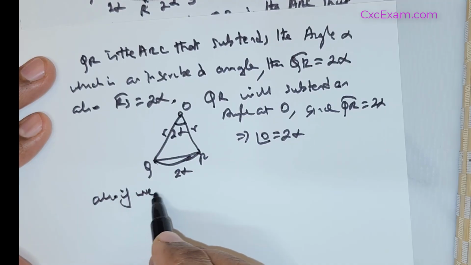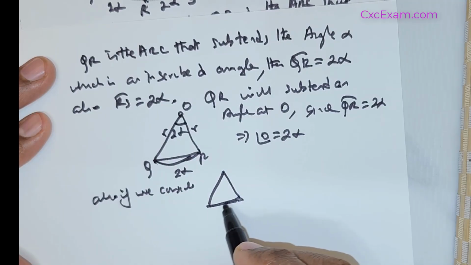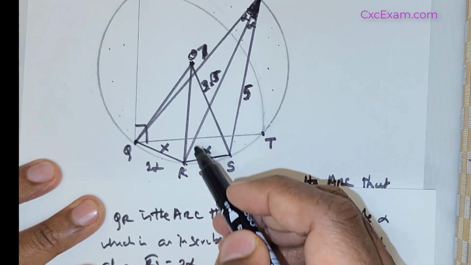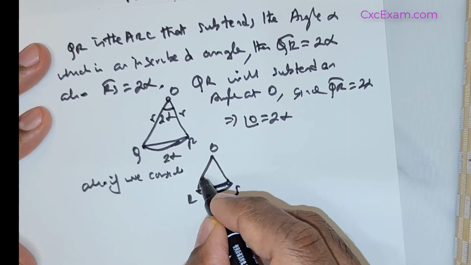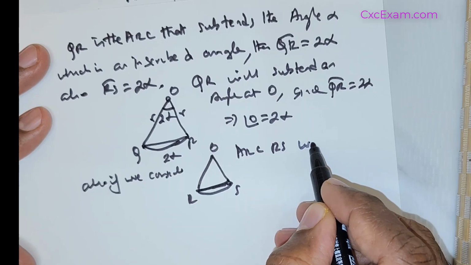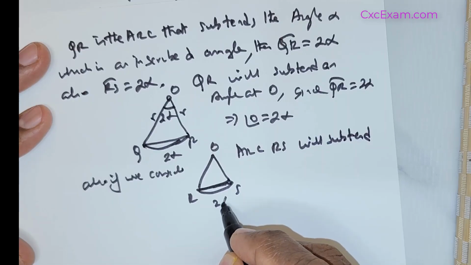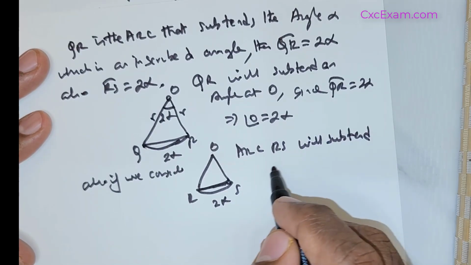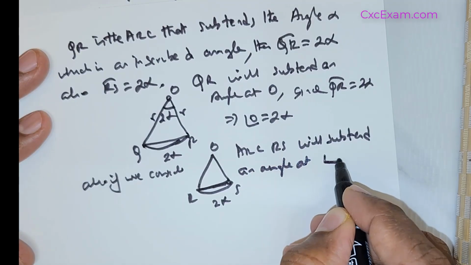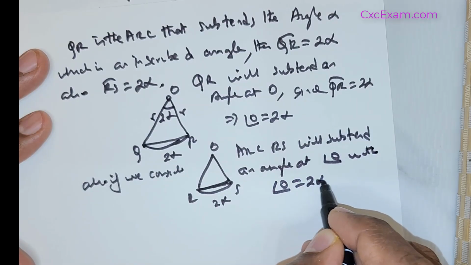Also, if we consider the triangle ORS, then arc RS will subtend an angle at O, because RS is 2 times alpha, with the angle at O being equal to 2 times alpha.